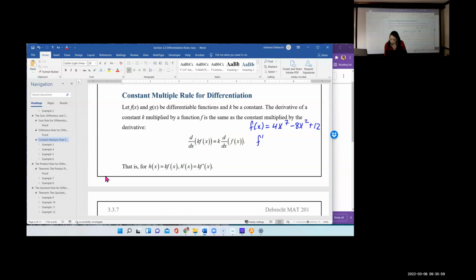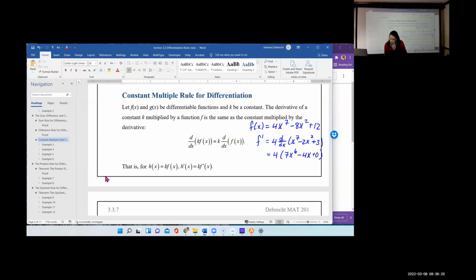If I want to do f prime, I could say instead that I'm going to pull the 4 out and then do the derivative on the x to the 7th minus 2x squared plus 3, all right? Which would give me 4 times 7x to the 6th minus 4x to the 1st plus 0.